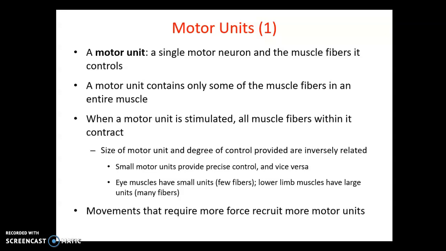That's an example of a motor unit being stimulated, all the fibers within it contracting, and then recruitment. Recruitment is very important, and every muscle employs it.